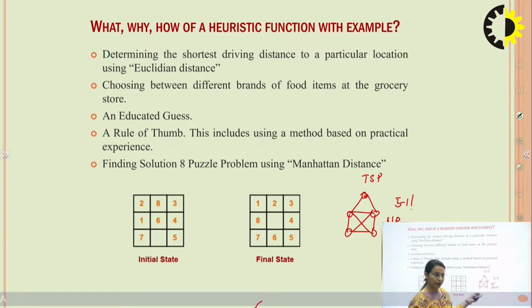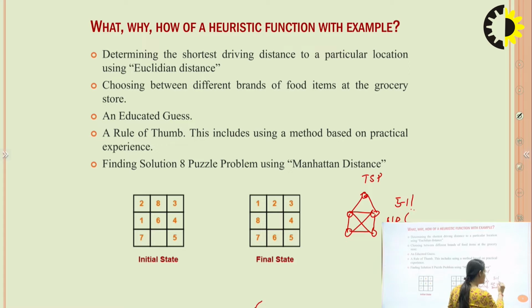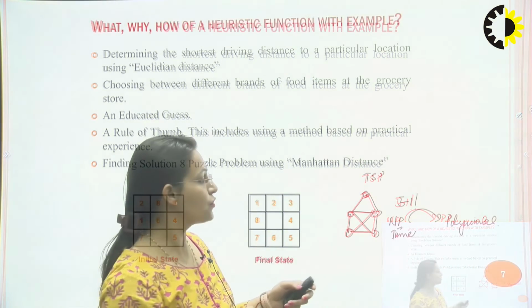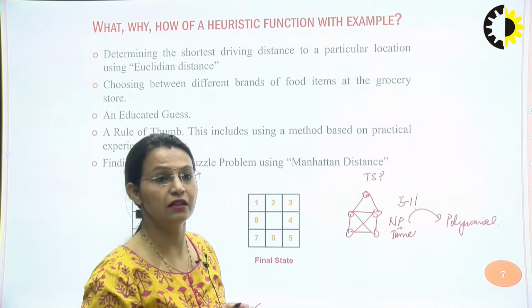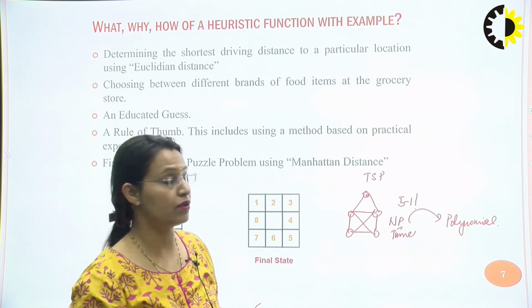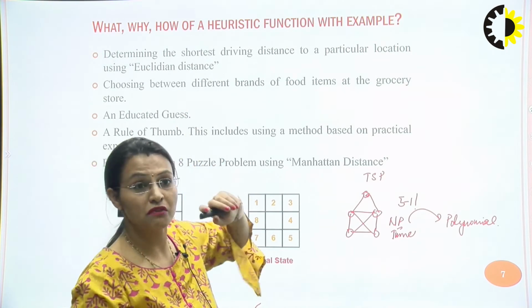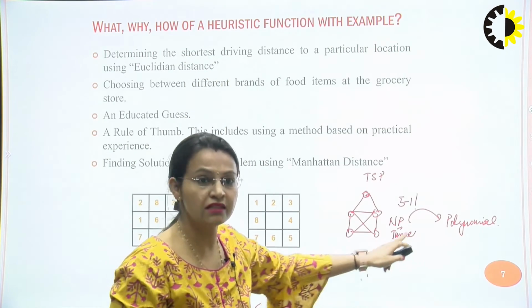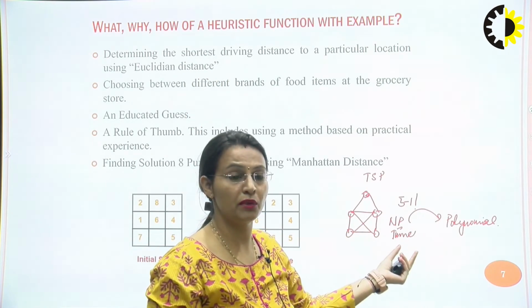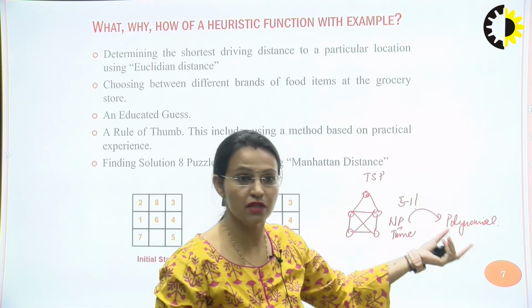So I have to change this non-polynomial time into polynomial time. For that, I need a function or an approximate value about the search, so that all these things can be done in polynomial time. That is why the heuristic function is needed: to change non-polynomial time to polynomial time.